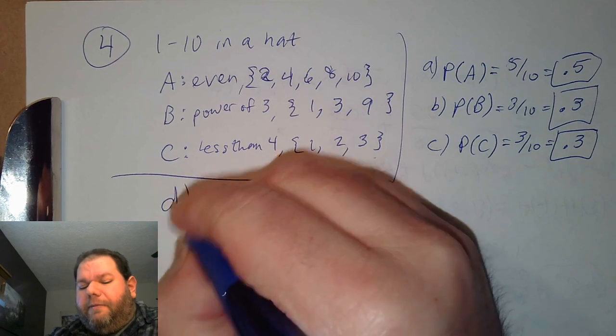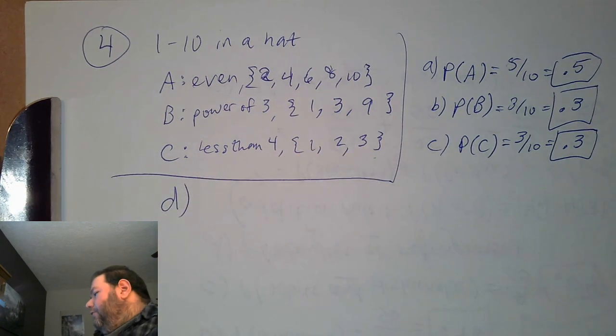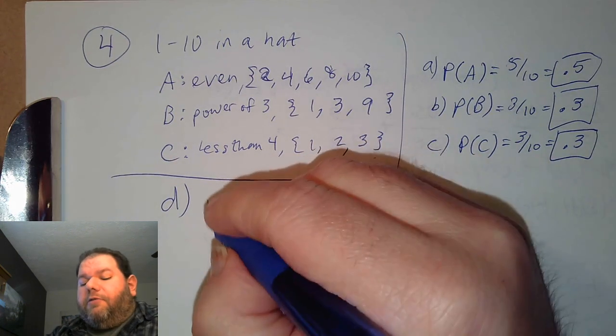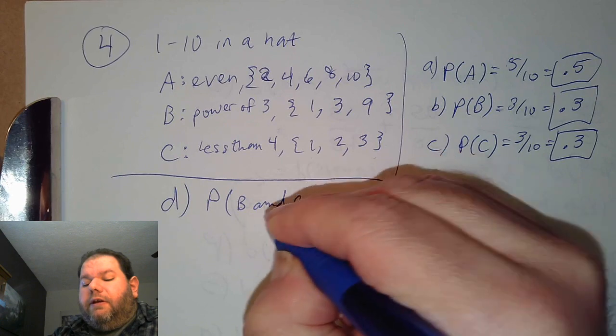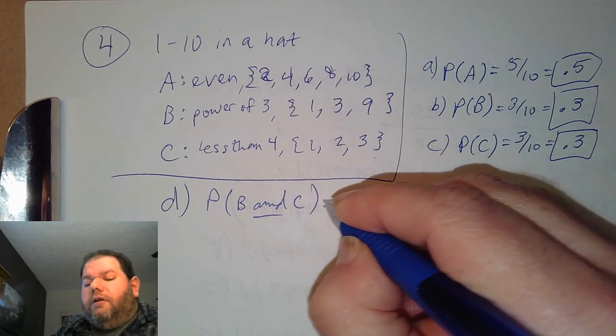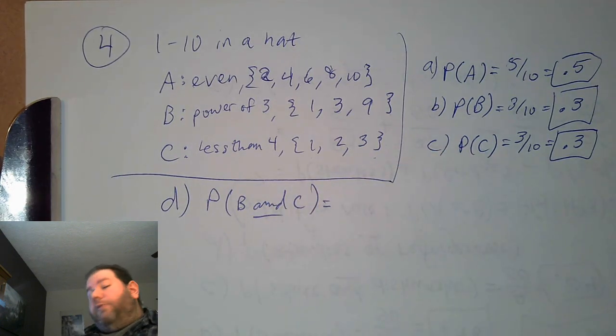Anyway, part D, continuing. We want the probability of B and C. Now when we find the probability of B and C, the intersection of those two events, we have to look and see how many outcomes they share in common out of the 10 total.